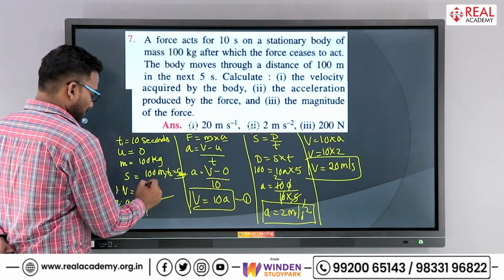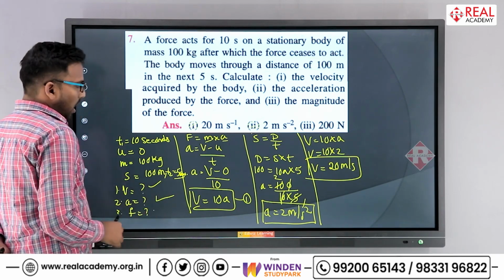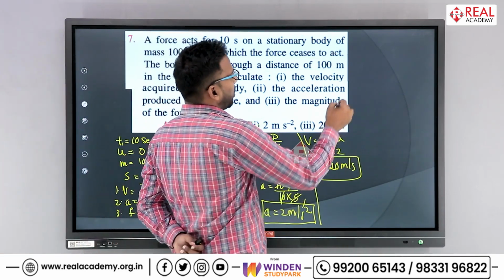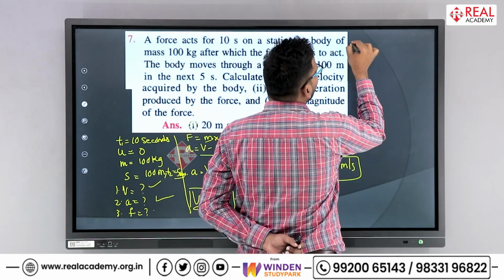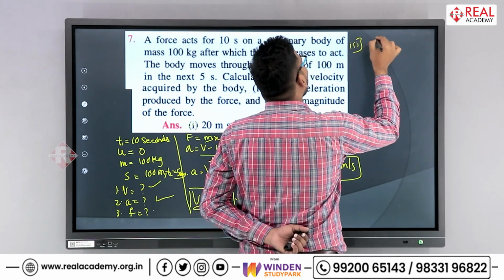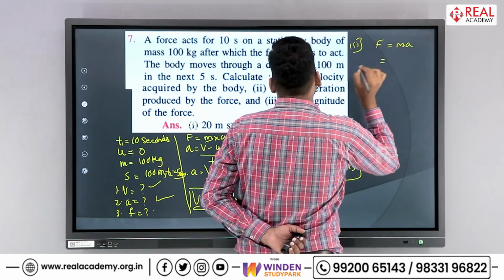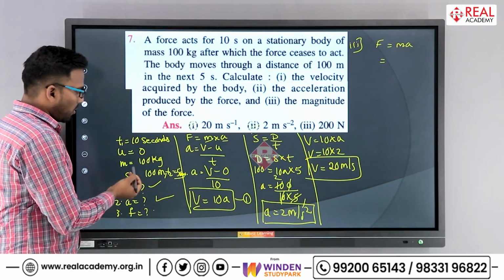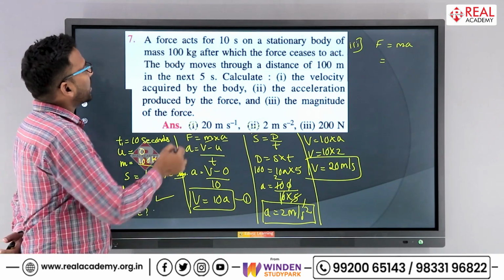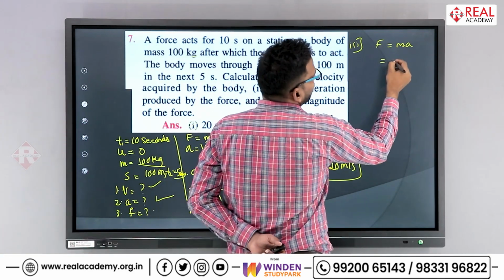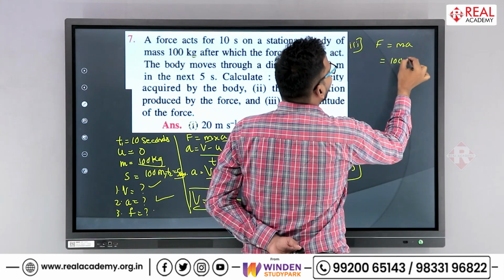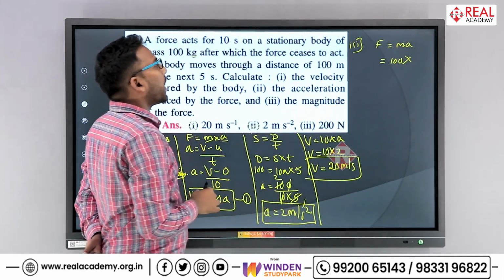Now the last part is force. How to find force? By second law. Apply second law. What is second law? F is equal to ma. What is m? m over here is 100 kg of mass. So I'll write 100 kg into acceleration.